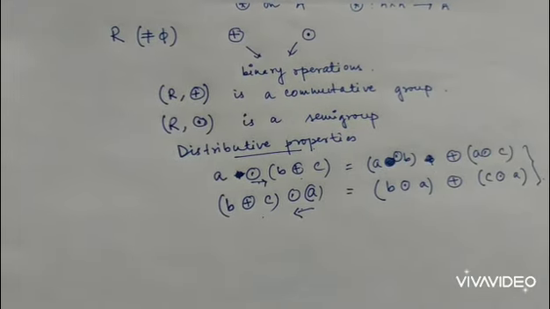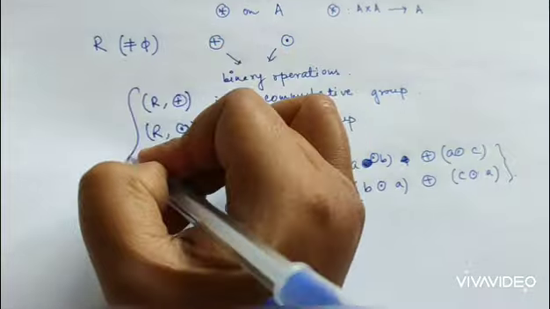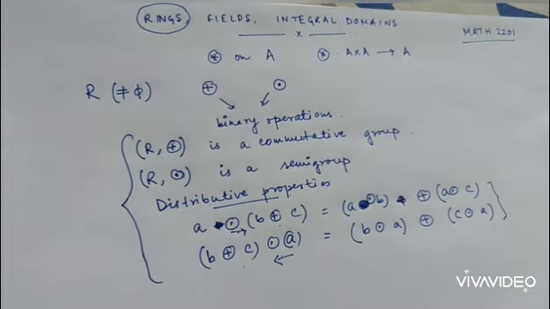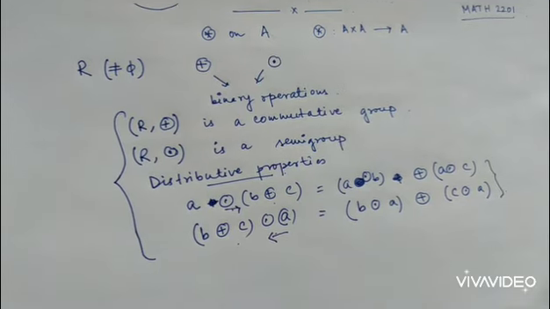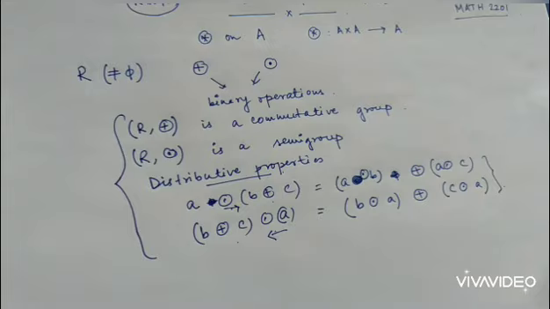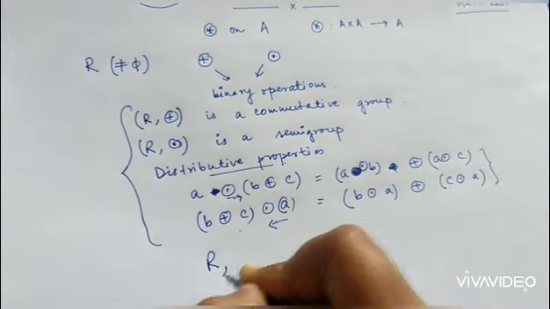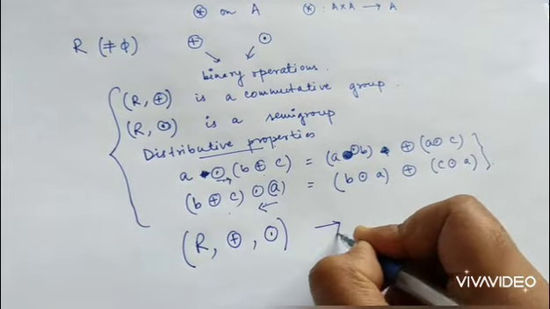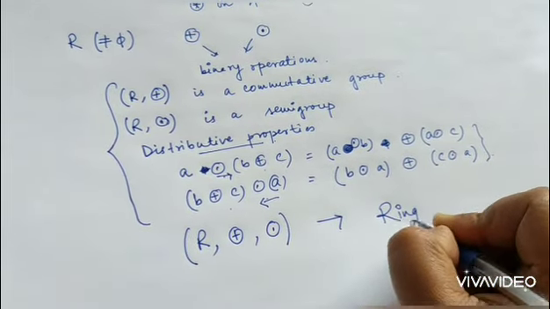Now I come to the definitions of commutative group and semi-group. You already know what is a commutative group and maybe you know what is a semi-group, but let me just give you the ideas. So basically these, if satisfied, then (R, plus, dot) is called a ring.